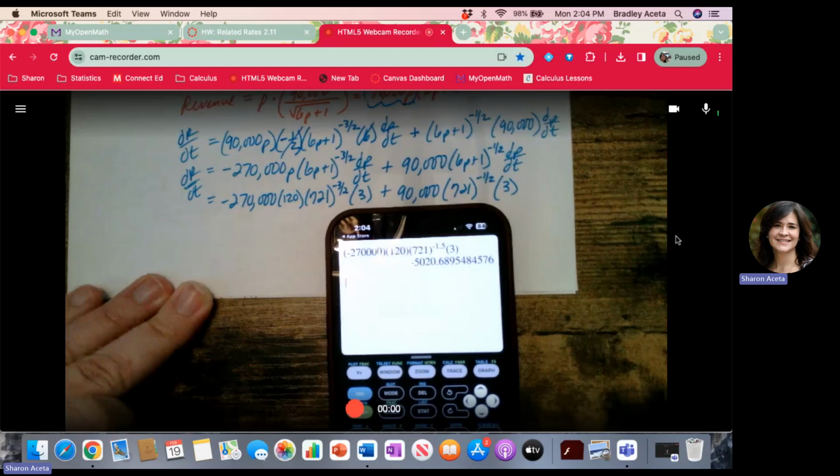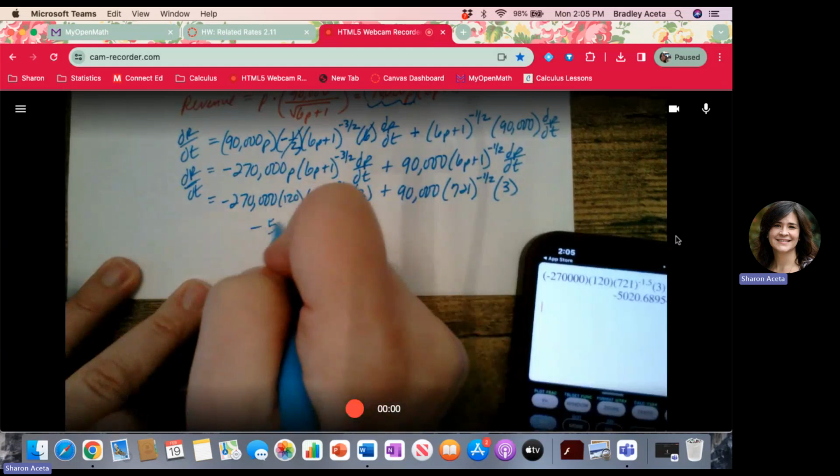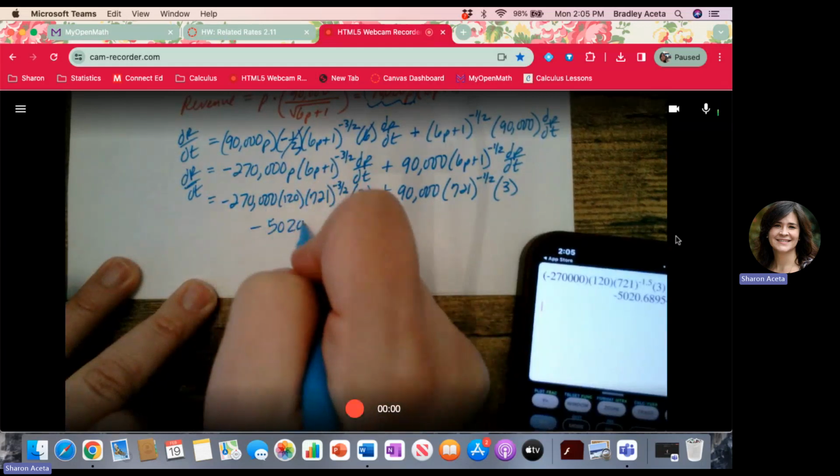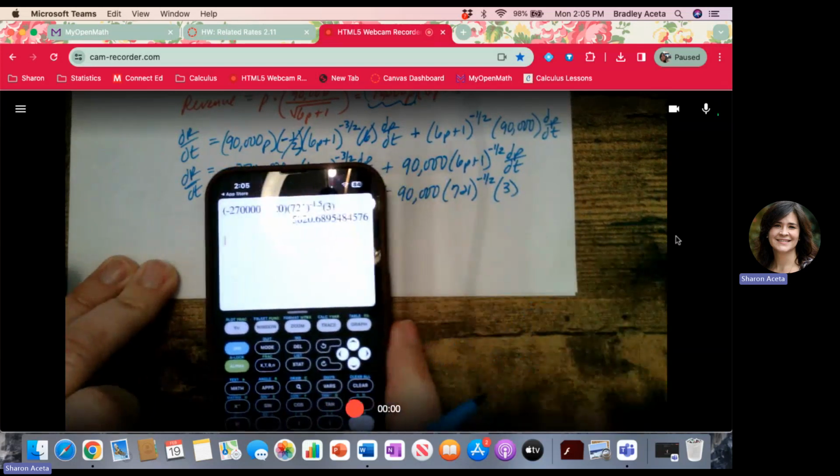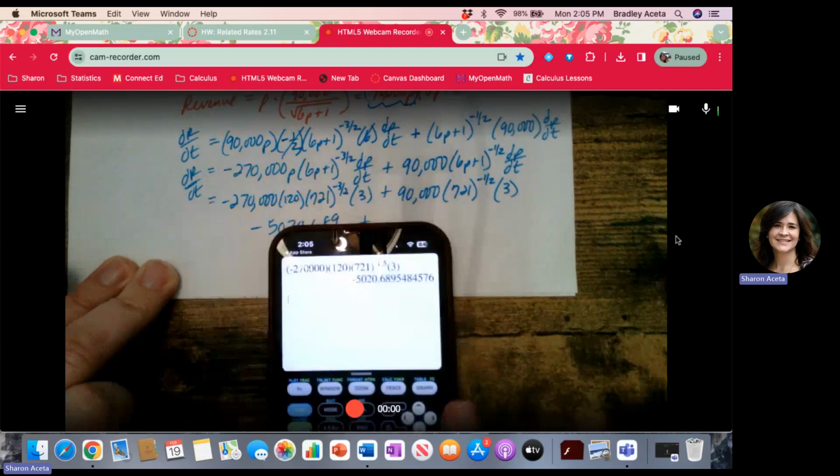And I'd like to write that first part down, negative 5020.689. And then I'm just going to do this second part right here, 90,000 times 721 to the negative 0.5 power times 3.